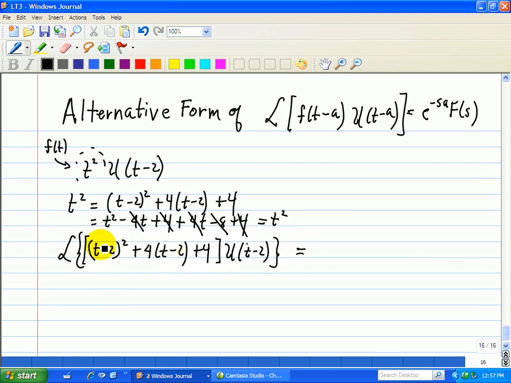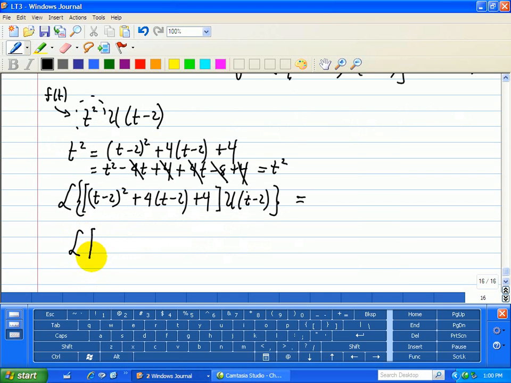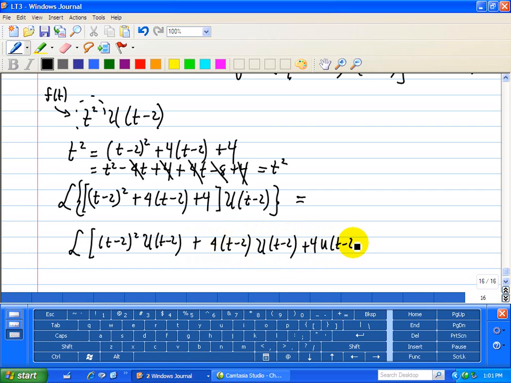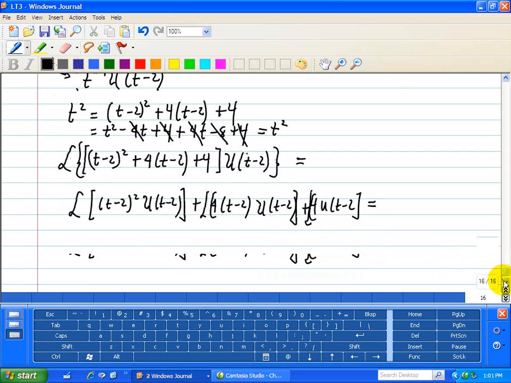For t minus 2 squared, we have a delay of 2, so term by term, the Laplace transform of (t minus 2) squared times u(t minus 2), plus 4(t minus 2) u(t minus 2), plus 4u(t minus 2), in which I get the Laplace transform for this, and then the Laplace transform of this, and that would equal each of those terms here.